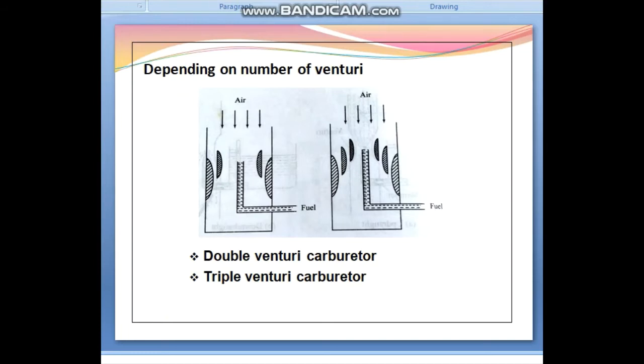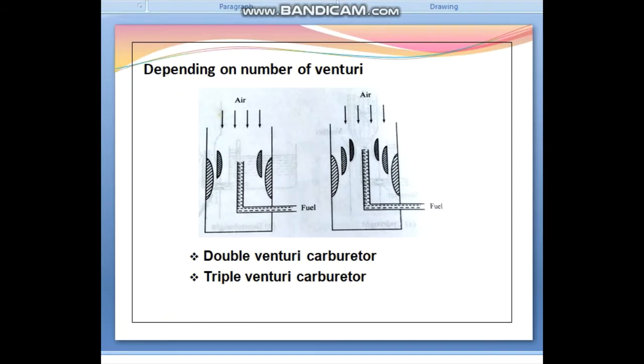The boost venturi is positioned upstream of the throat of the large main venturi. Only a fraction of the total air flows through the boost venturi. The pressure at the boost venturi exit equals the pressure at the main venturi throat. The fuel nozzle is located at the throat of the boost venturi.